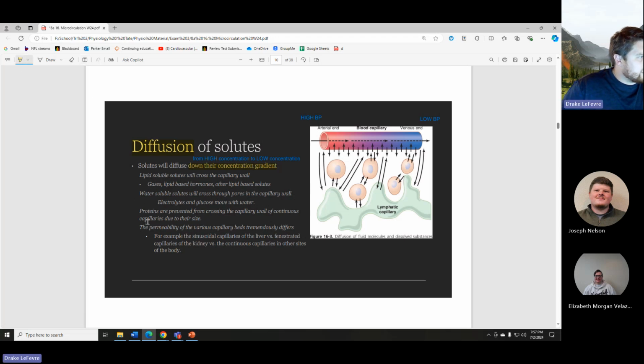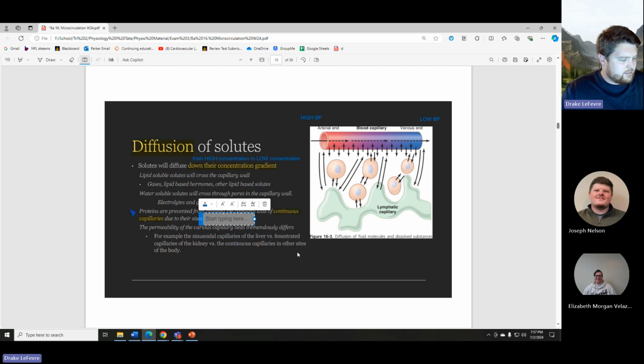Big key point, this next one right here: proteins are prevented from crossing the capillary wall of continuous capillaries due to their size. Notice how it said specifically the continuous capillaries. When we start getting bigger gaps, certain proteins can kind of go through. Do you guys remember what's that main protein that we have in the blood that helps us maintain our blood pressure and all that kind of stuff?